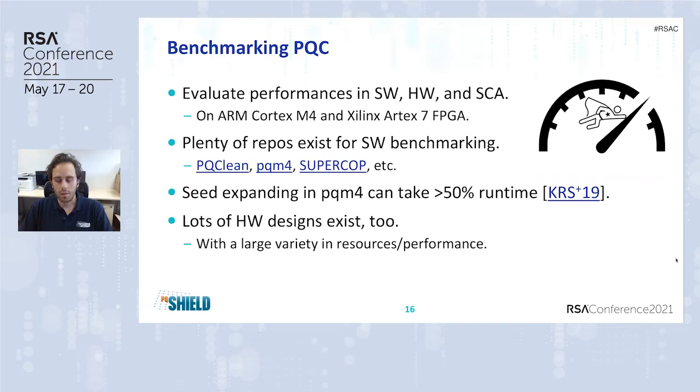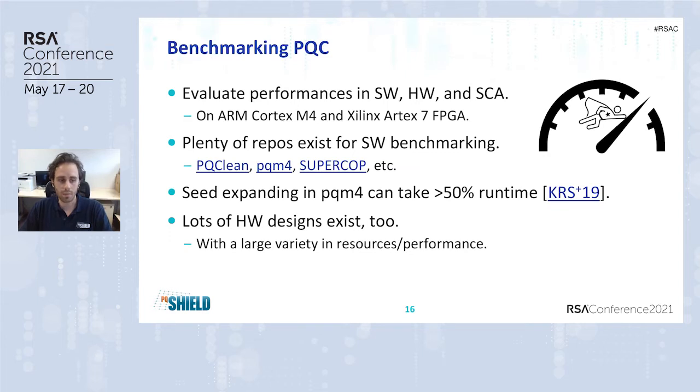Finally, we look at benchmarking, like the projects that benchmark these schemes. NIST in their call asked for performance in software and hardware and side channels in order to add some evaluation criteria to this competition. They decided on the ARM Cortex M4 and the Xilinx Artix-7 FPGA. There are plenty of repositories online for software benchmarking on the Cortex M4 and other CPUs.